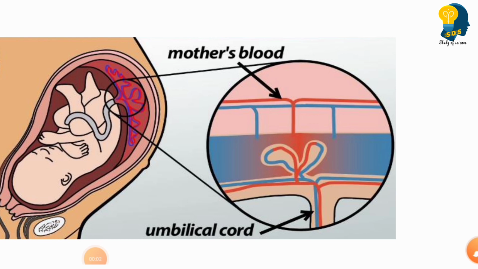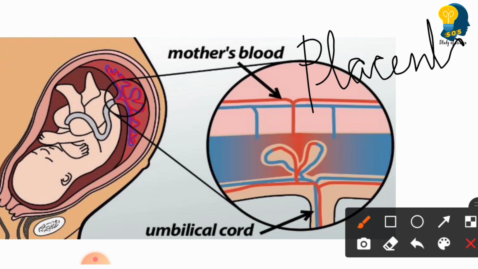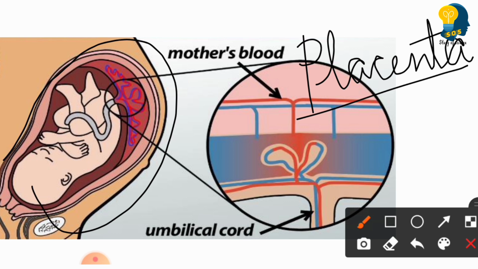Once the embryo reaches the uterus, a specialized structure called the placenta is formed. The placenta is a specialized structure which is formed after the implantation of the embryo inside the wall of the uterus. To this wall the embryo gets implanted, and once it is implanted, the placenta is formed.